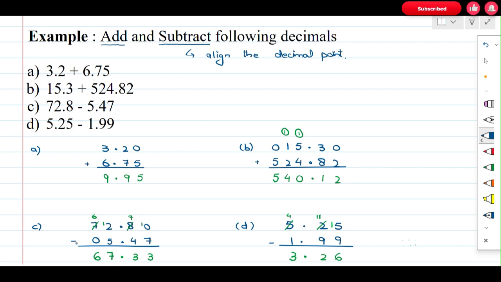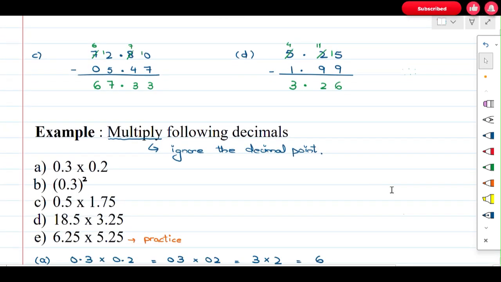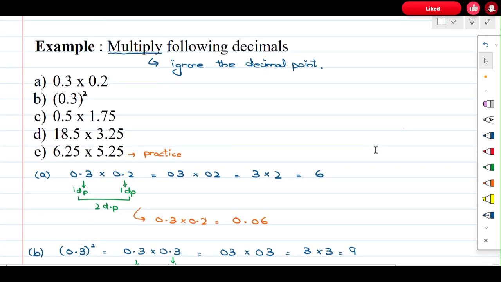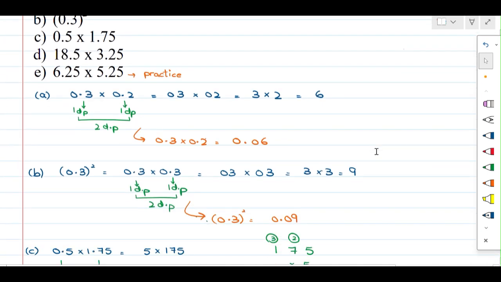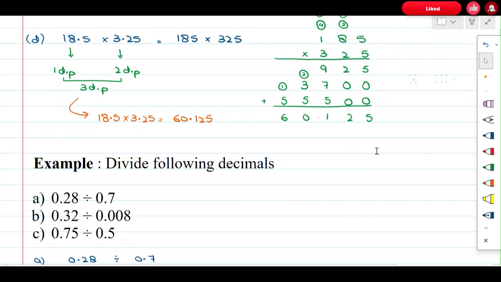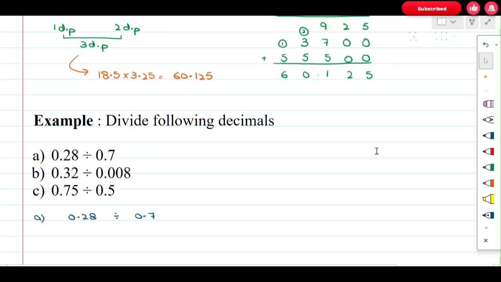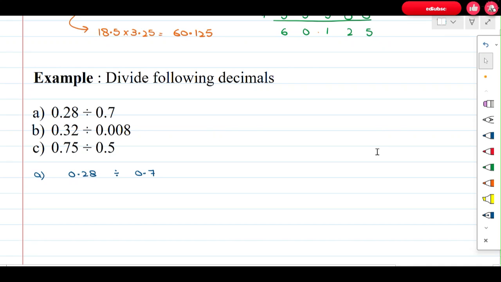And for multiplication, we first ignore the decimal point, do the simple multiplication, and then count the total number of decimal places in both numbers, or if there are more than two numbers, and the answer should have the total of those decimal places. Okay, now the rule for division is basically first to convert the decimal into a fraction.